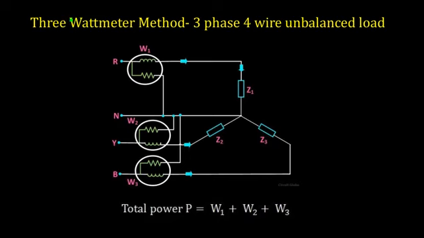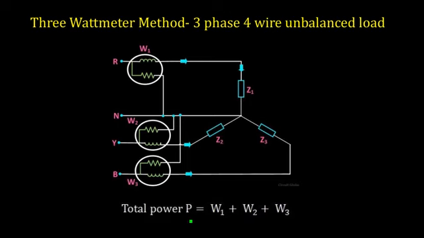Now, in the first slide we have already seen the 3 wattmeter method for a 3-phase 4-wire unbalanced load. If you have an unbalanced load for a 4-wire system, you need 3 wattmeters. Just like we have done for the 2 wattmeter method, you can draw the phasor diagram and derive the equations.